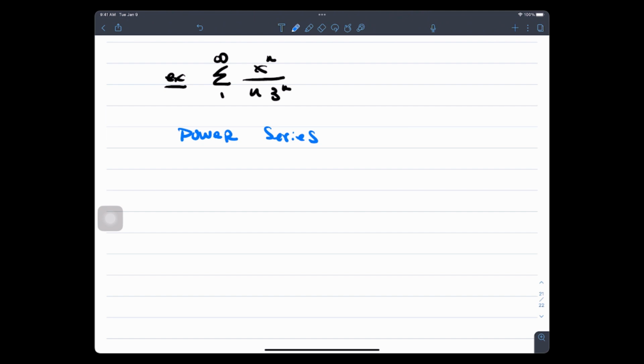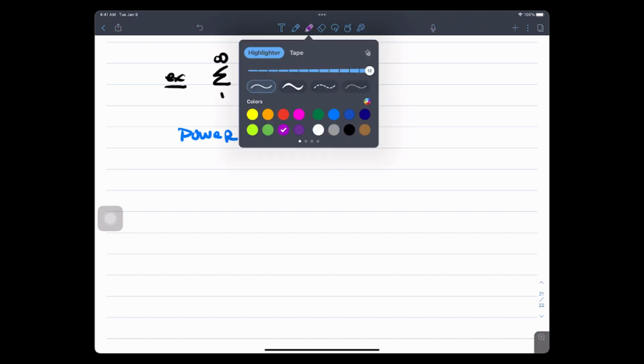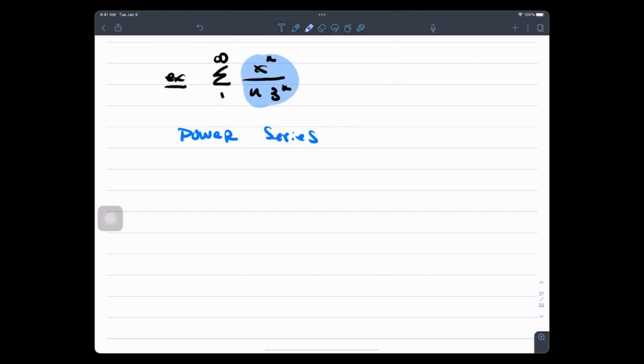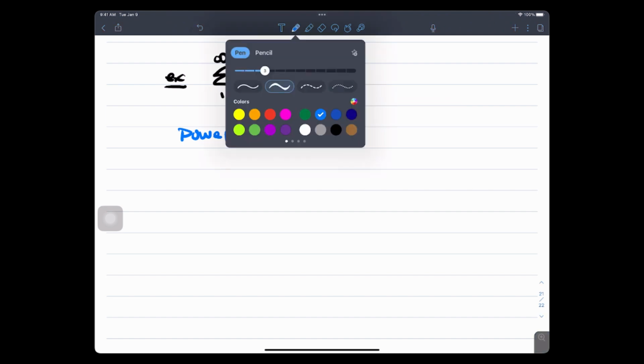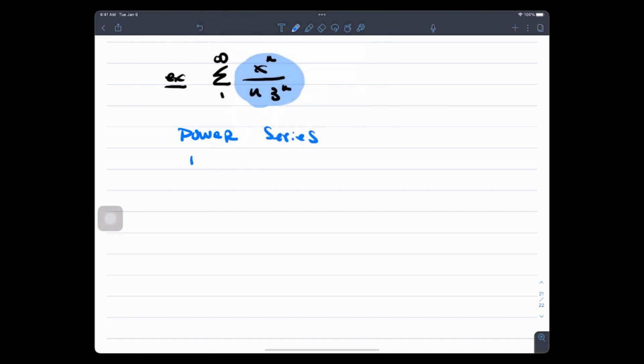So what you're going to do now with this power series is determine for what x do we have convergence.